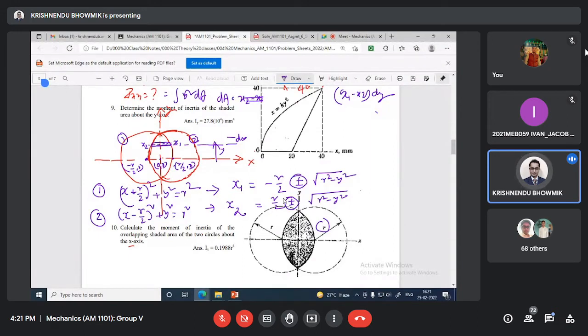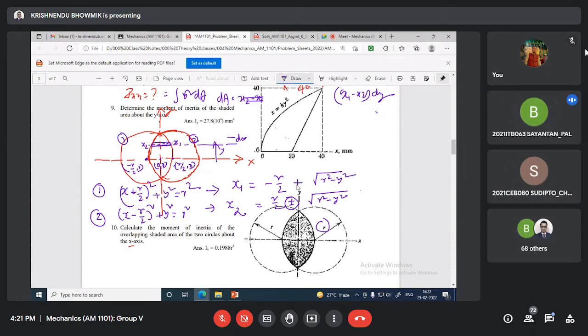In your figure, is the x1 value positive or negative? Positive, and x2 is negative. If it is positive, then which one do you use, plus or minus? Plus. And x2 is negative, so definitely you use the minus sign.